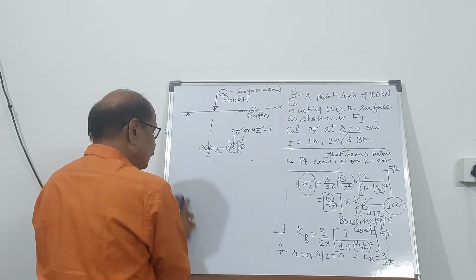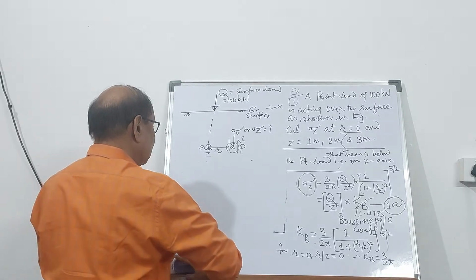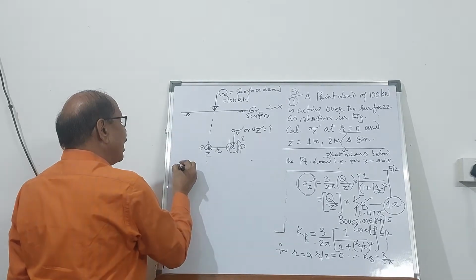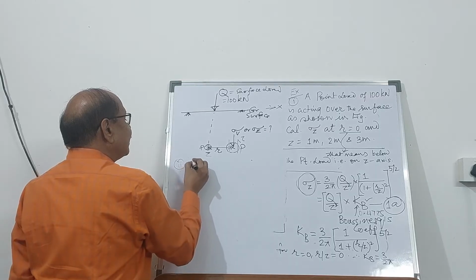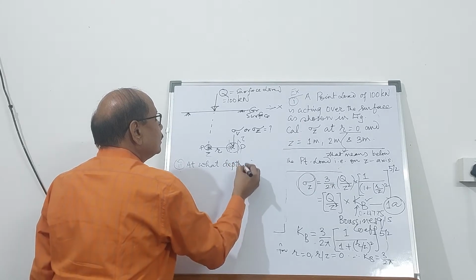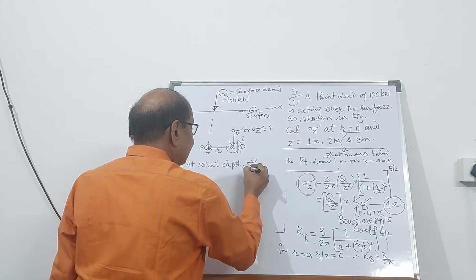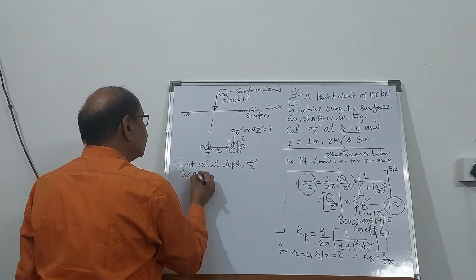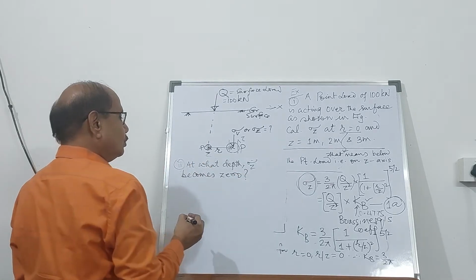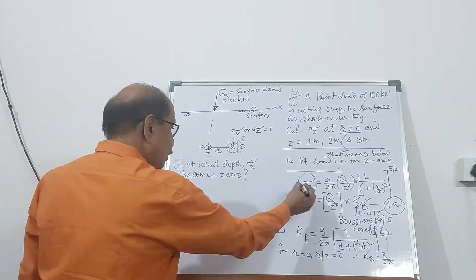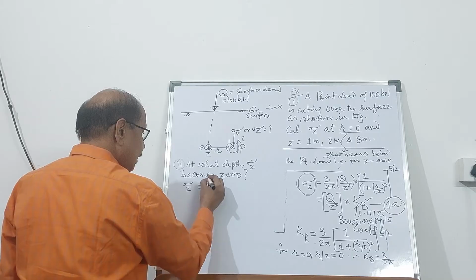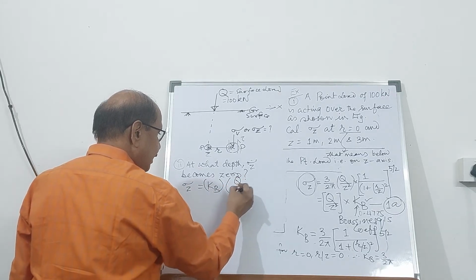So in this problem, we can see further. This is the first part. The second part of this problem is at what depth this vertical stress sigma z becomes zero. So you know sigma z equal to Kb multiplied by Q by z square.